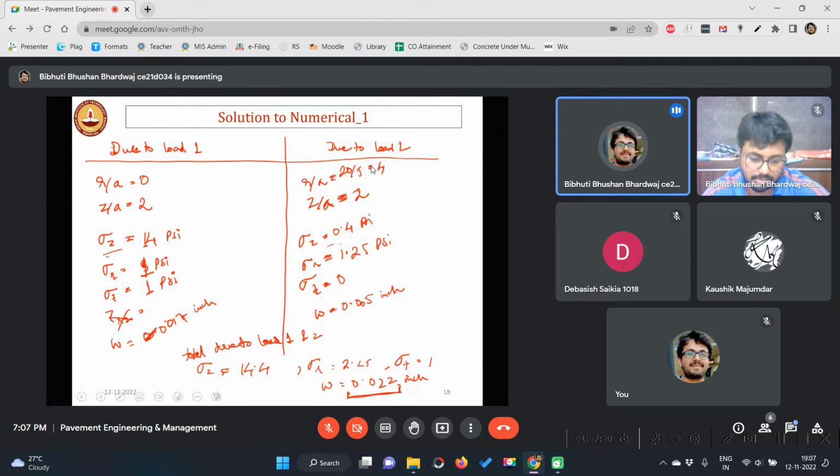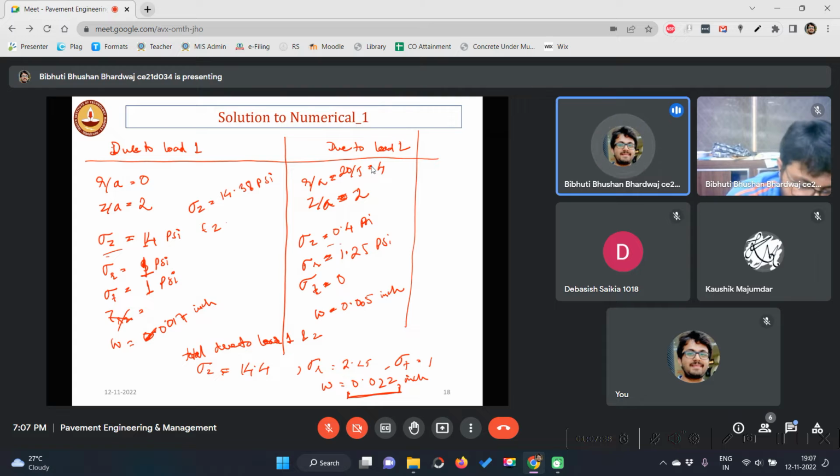Okay, so I'll give you the answer. According to the book, the answers are sigma z is 14.38 psi, epsilon z is 0.00129, and W is 0.022.